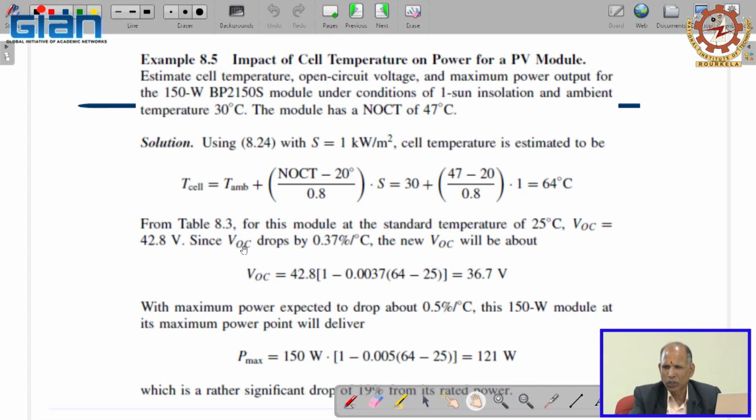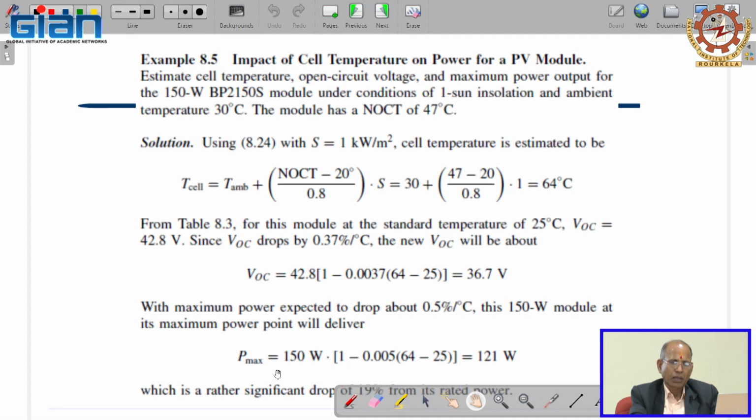Since VOC will drop 0.37% per degree centigrade above 25, this voltage from 42.8 will drop. These are the equations: 42.8 × (1 - 0.0037 × (64 - 25)), which gives you a voltage of 36.7.